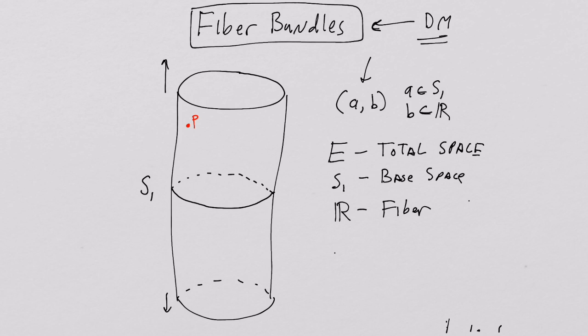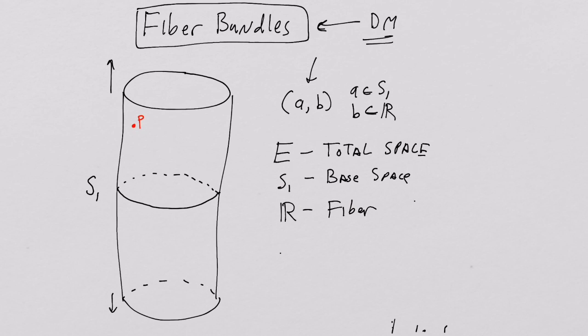And basically the idea now is that this total space can somehow be understood as having as part of its basic structure two other differentiable manifolds, the base space and the fiber. All three of these are differentiable manifolds. So I have these three differentiable manifolds.